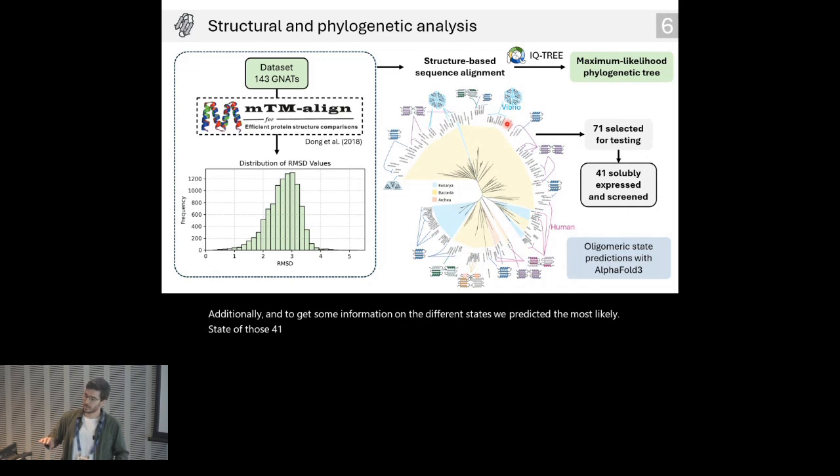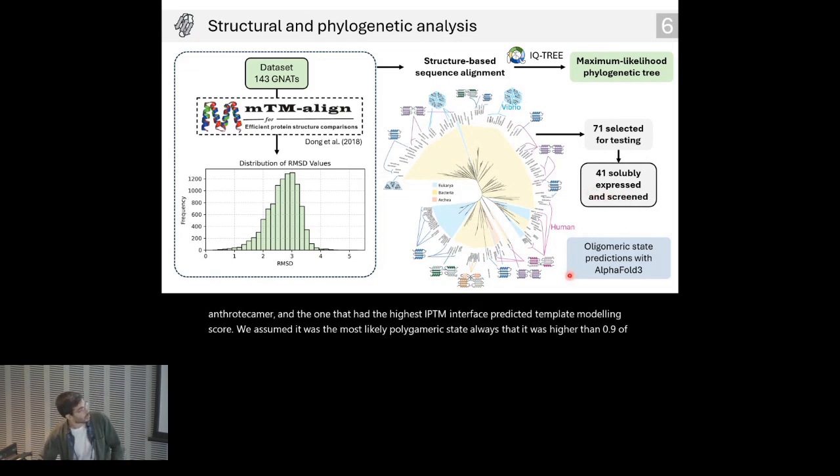Of course, if we had experimental structures available, we just inferred it from the biological assembly from PDB. But otherwise, the way we used AlphaFold3 was, for each of those entries, predicting the dimer, tetramer, hexamer, and dodecamer. And the one that had the highest ipTM, interface predicted template modeling score, we assumed it was the most likely oligomeric state, always provided that it was higher than 0.8, of course.